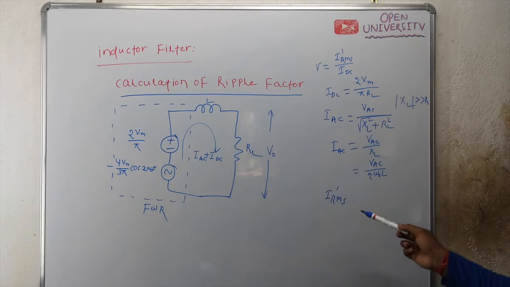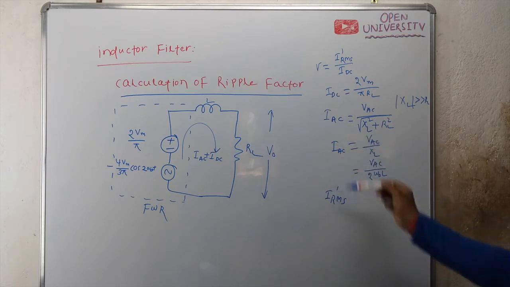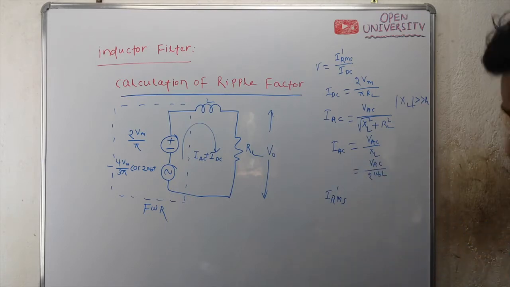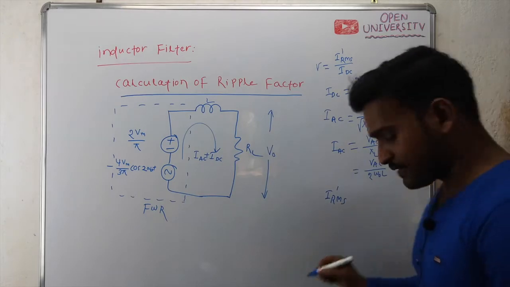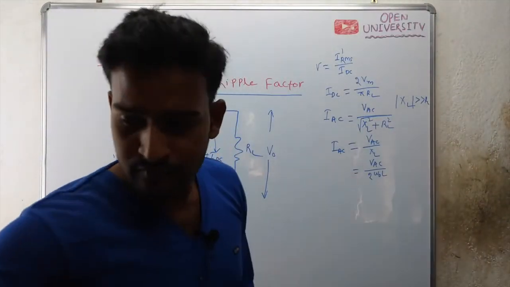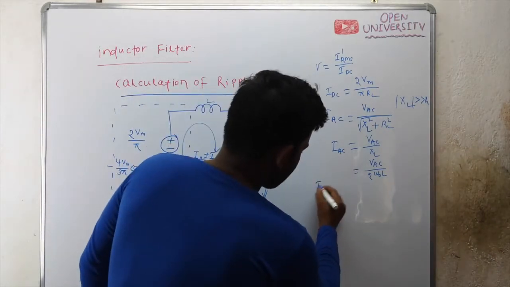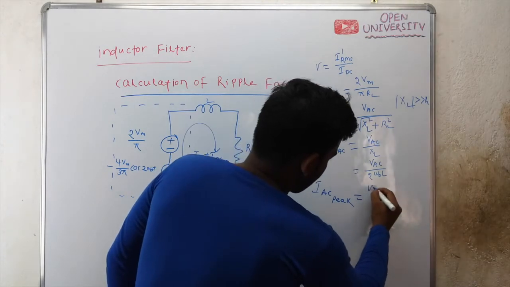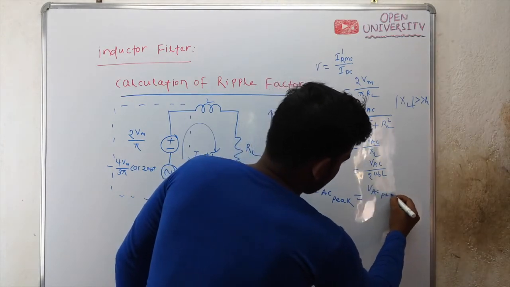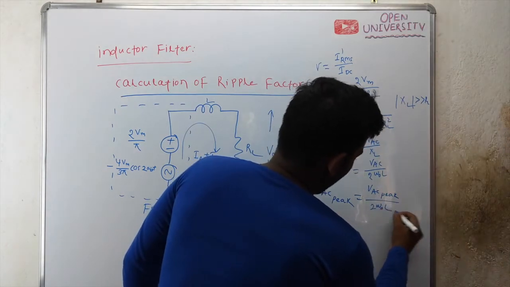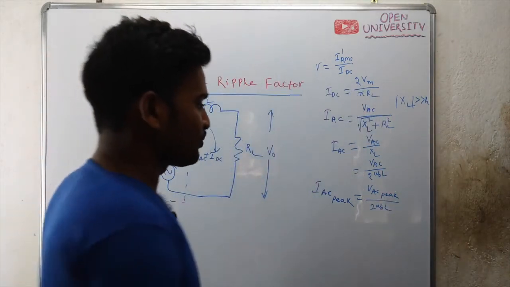Maximum value divided by root 2. I require the maximum value of IAC, or the peak value. IAC peak will be VAC peak by 2ω₀L.